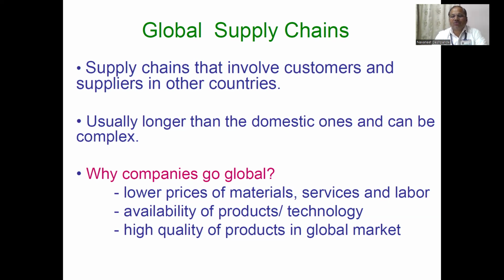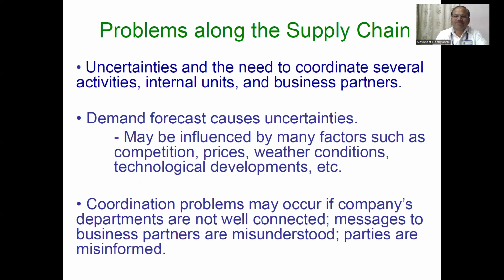So expansion could be one of those. Scaling up is another reason. So the global supply chain is driven by so many factors, including economic factors, political factors, environmental factors, technological factors, and sometimes even legal factors will affect the global supply chains.